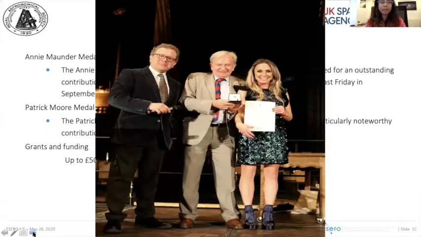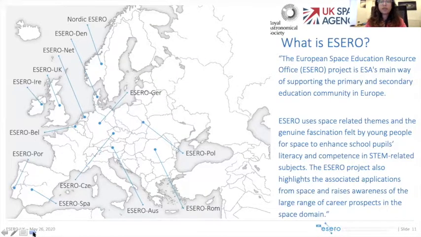They're really fantastic. So working with ESERO, the European Space Education Resource Office, so sort of like the education arm of ESA, and based in the UK, but there are lots of ESEROs across Europe. ESERO works very closely with STEM Learning in terms of enhancing school pupils' school environments, but using space as the hook, because space is exciting and does inspire young people into all kinds of subjects, not just STEM subjects.